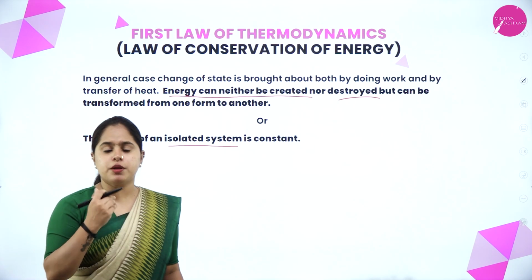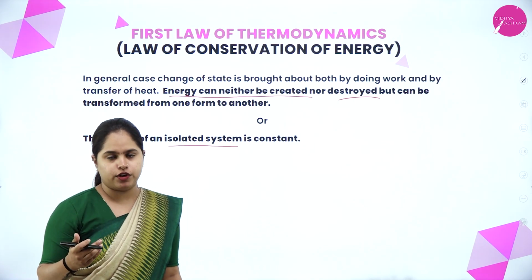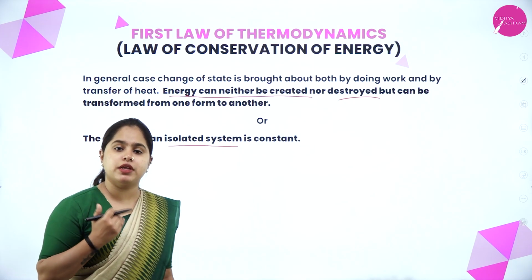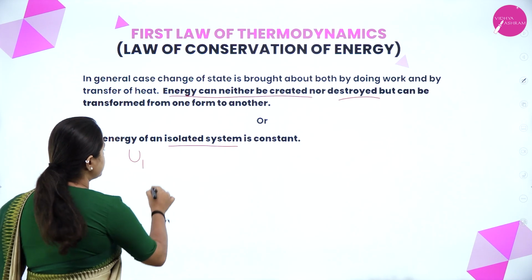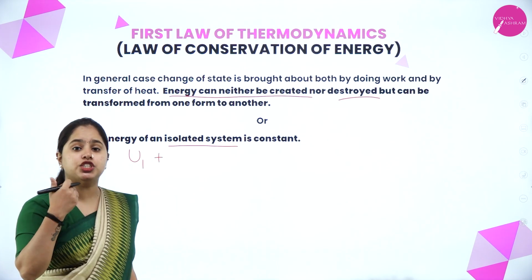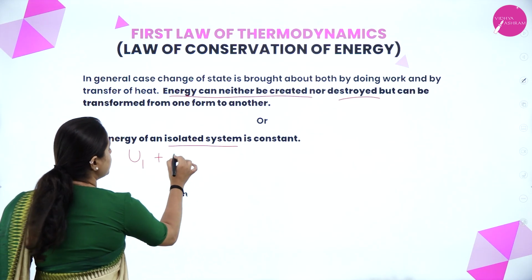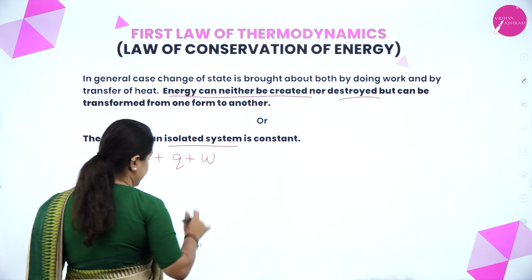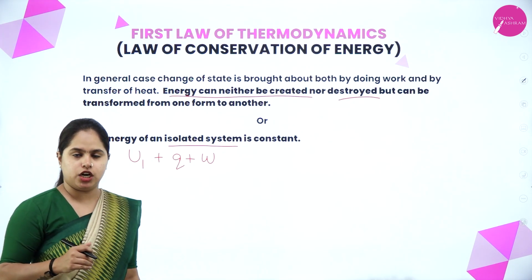So initially, if I am taking the internal energy, we know that it's a state function, right? So initially, if I am taking the internal energy as U1, okay, associating that, how you can bring a change in internal energy either by heat or by work, right? So associating that, there will be a heat and there will be work. So this is the initial internal energy.